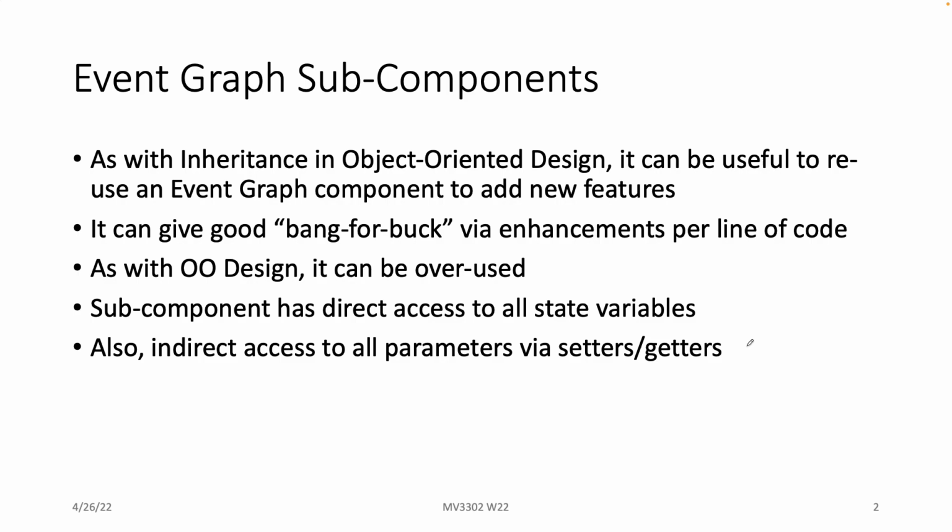So if in a subclass I needed to use, say, one of the random variates in the superclass, I could simply use the getter for that. Or, in the multiple server queue, one of the parameters is the total number of servers. If I need that in a subclass, a subcomponent, I could access that via the getter. Now, in the event graph, you don't always put the get part in, but that's understood.